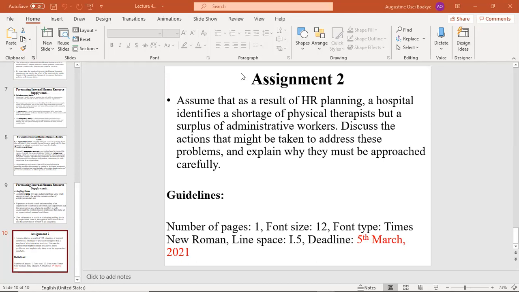Robert: First of all, I disagree with the position that human resource planning is a one-time activity.